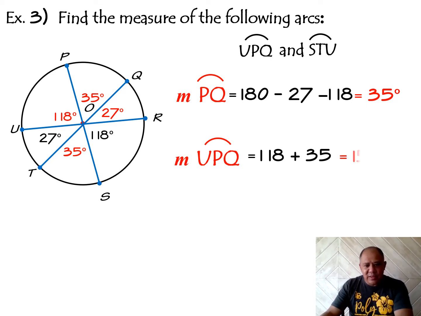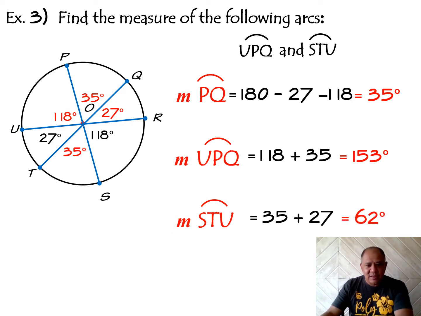UPQ is 153 degrees. Now, what about STU? Well, you have to go from S to T to U. That would mean you have to add up 35 plus 27, which gives us 62 degrees. Now go ahead and try number 3 on your own. Pause the video and try it, and then unpause it.